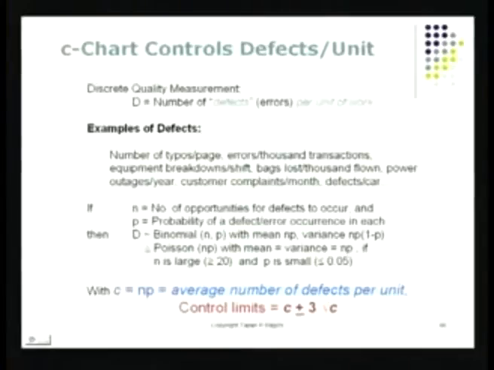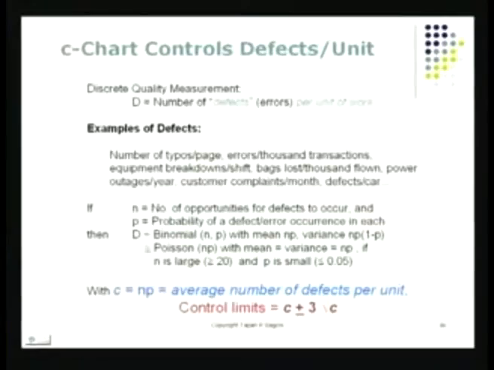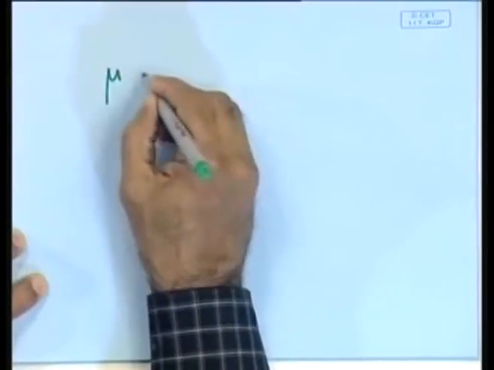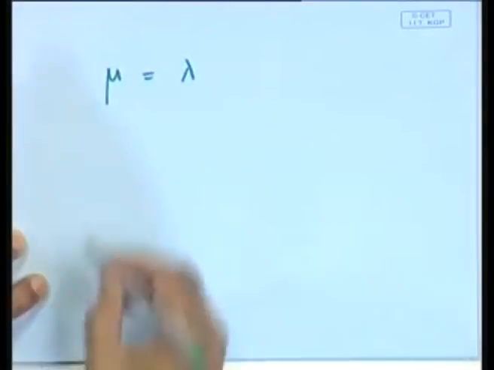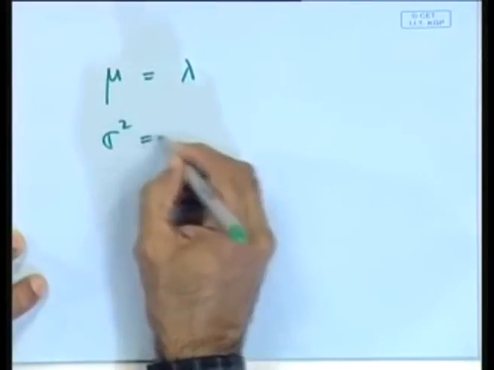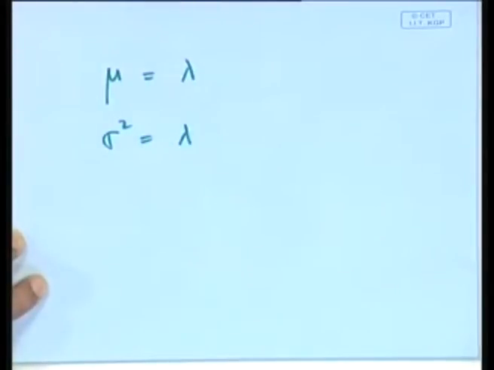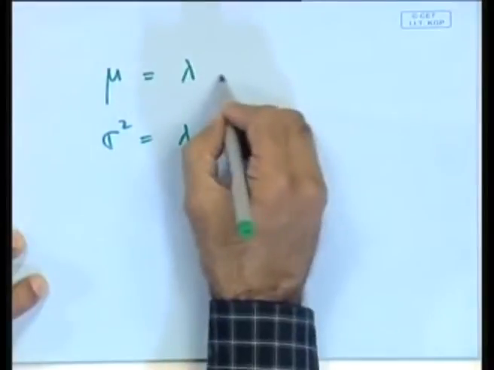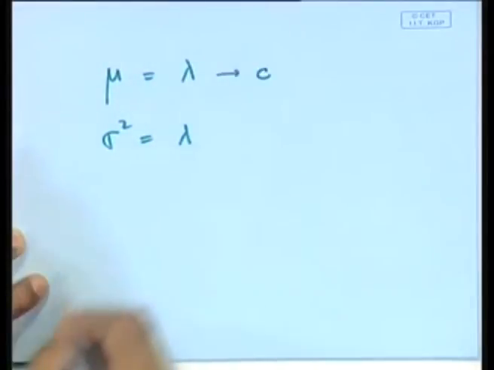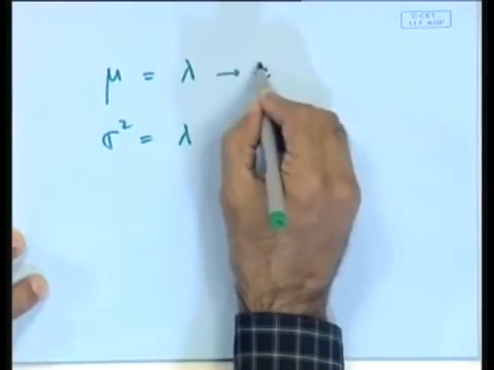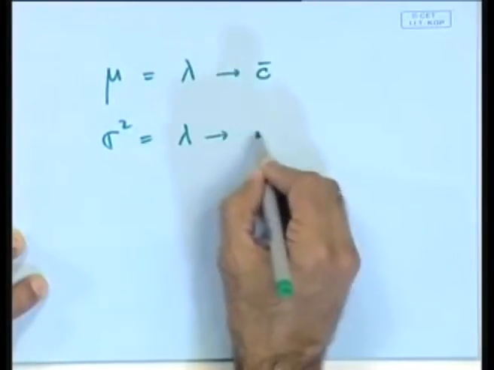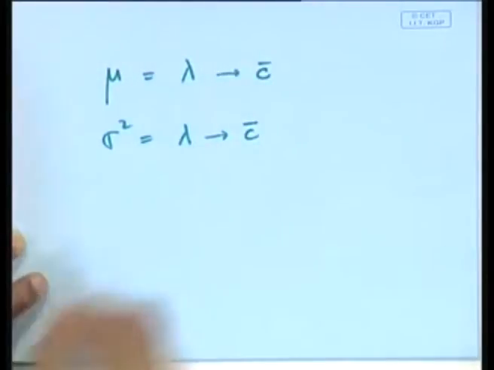When you're counting defects, for example with the C chart, defects actually have a Poisson distribution, and the Poisson distribution is such that the mean is lambda and the variance is also lambda. So imagine that I used C to take care of this. C bar, for example, the average, would also be the estimate of this.